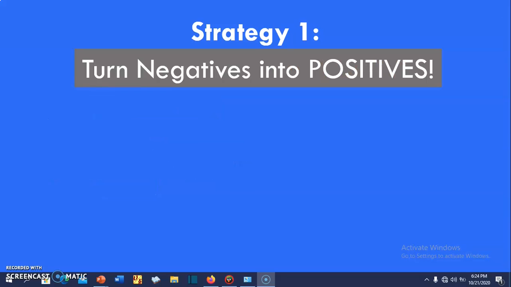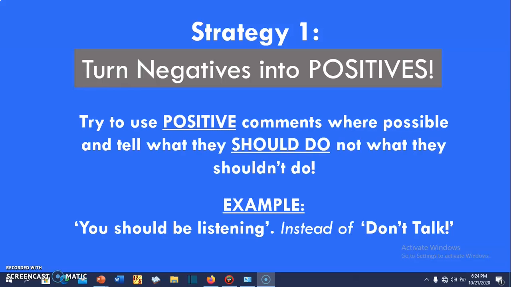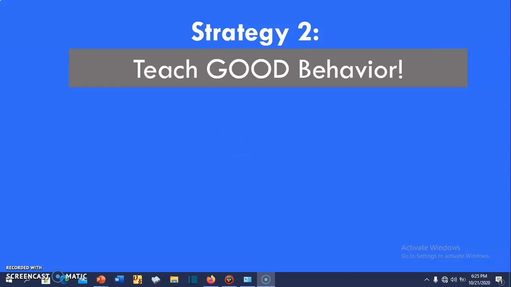Strategy 1, turn negatives into positives. How? Try to use positive comments where possible and tell them what they should do, not what they shouldn't do. For instance, you should be listening, instead of saying, don't talk. Strategy 2, teach good behavior.